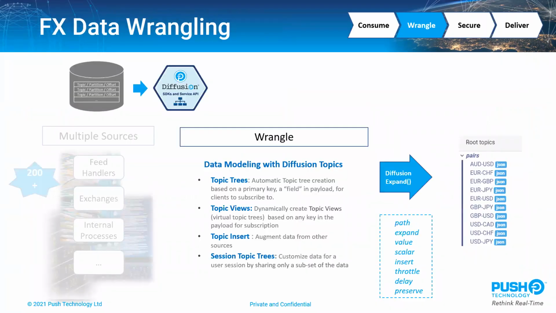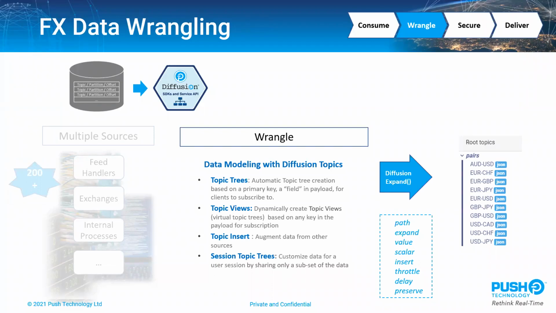And so that kind of introduces the next step in offering from Push Technology's Diffusion, the ability to wrangle, the ability to represent data topics in topic trees. What you see on the right is that I have a topic tree. I've organized it underneath pairs, and now I have individual topics, what we call reference topics, for each different currency.